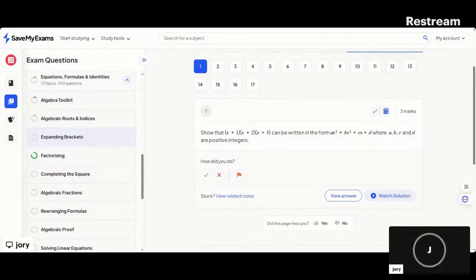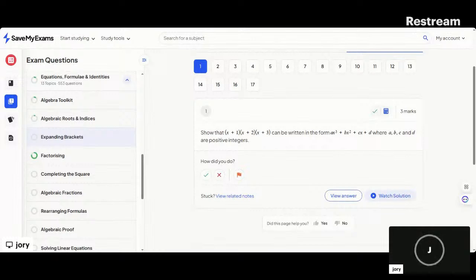Simplify this, it's going to be x squared plus 3x plus 2, times x plus 3, and then multiply everything again. So it's going to be x cubed plus 3x squared plus 3x squared plus 9x plus 2x plus 6.